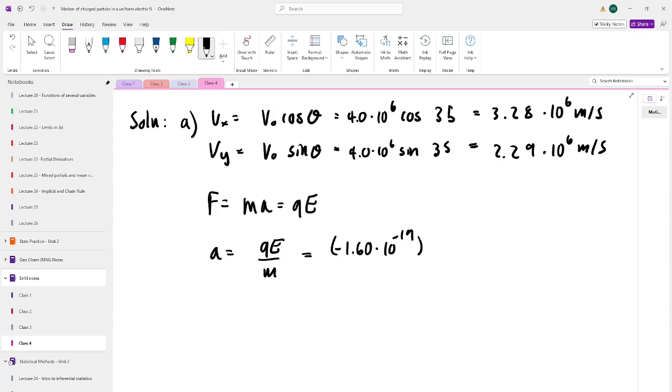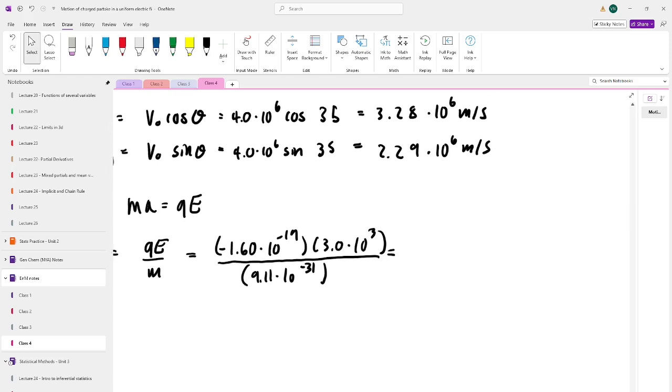Then we have the electric field, which is given in the problem, 3.0 times 10 to the 3, and we divide by the mass of the electron, which is 9.11 times 10 to the minus 31.